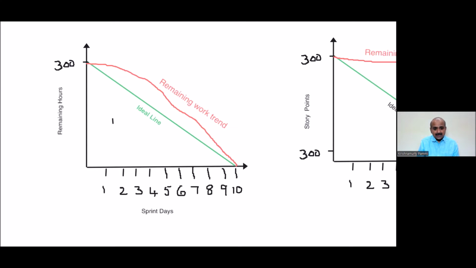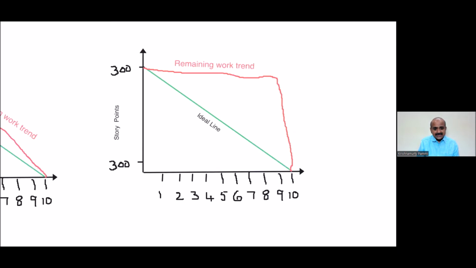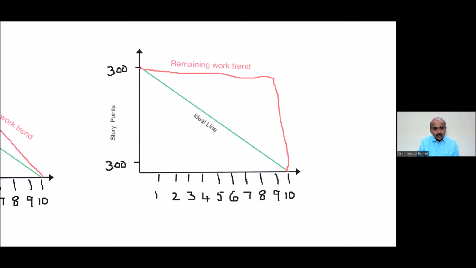Now some people will say, you know what, I wanted to have story points on the y-axis. Usually these are not the people who are realistic on execution, right? So let's say 30 story points, it may not be 300, 30 story points.